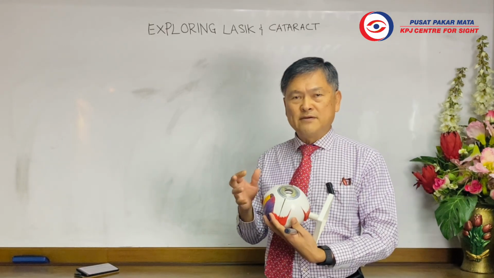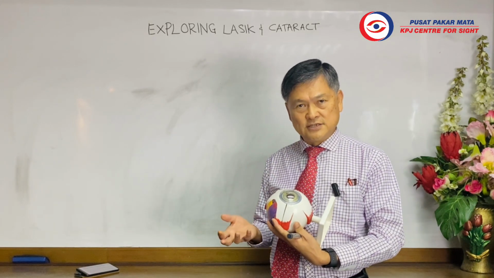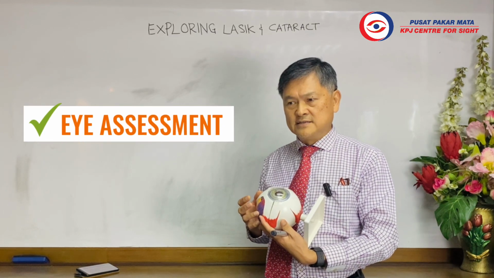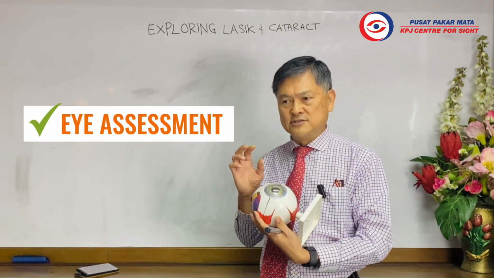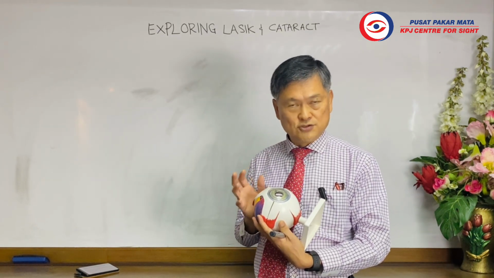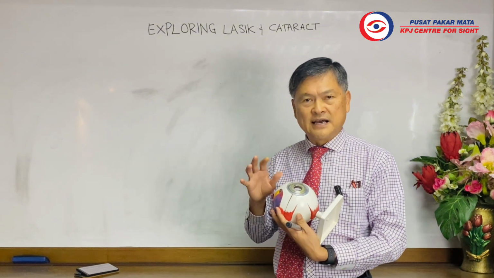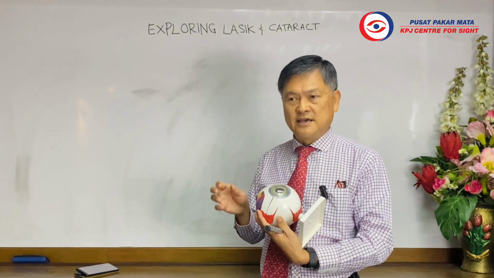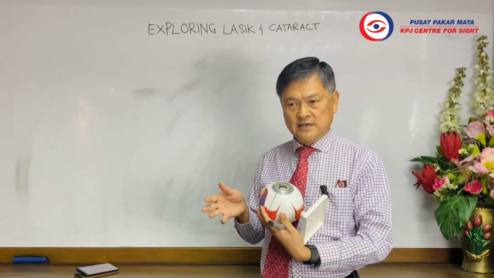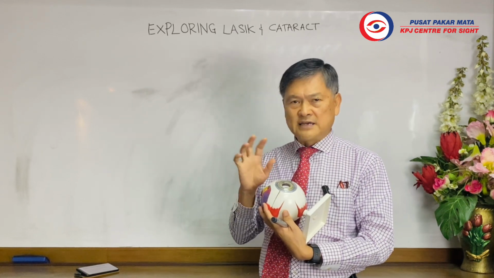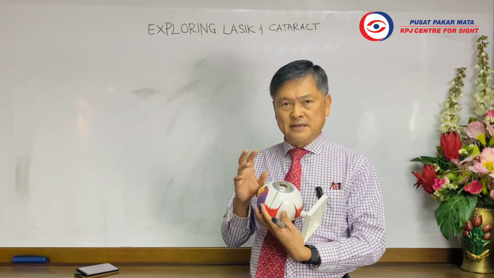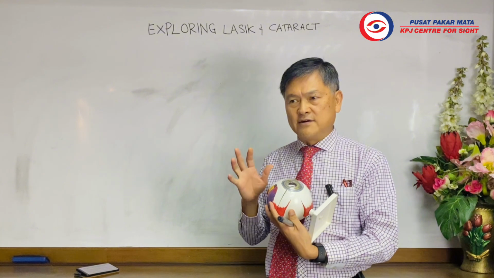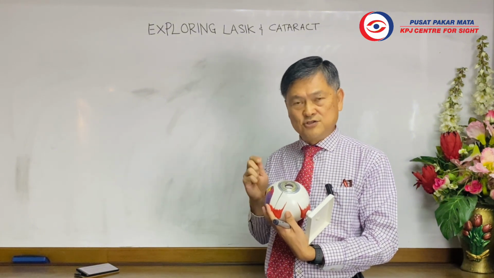The most important part when it comes to laser refractive surgery is actually the assessment and checking before the surgery, because we want to make sure the eyes are healthy and suitable for the surgery. So we do many thorough tests to find out whether the eyes are healthy and suitable or not.